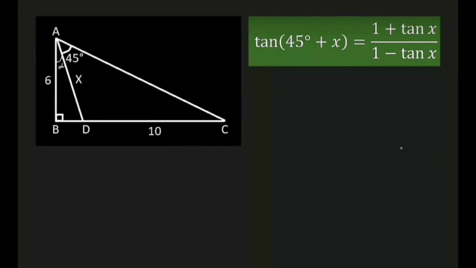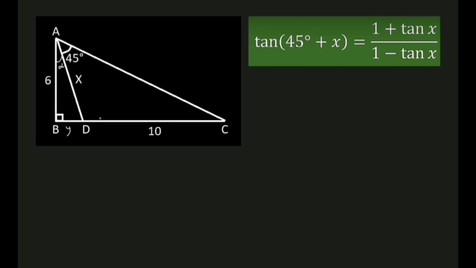And the last problem that we are going to solve is this. We are given the right triangle ABC, where we know that the angle CAD equals 45 degrees and DC equals 10. And we need to find the value of the distance between the points A and D. First of all, let's say that BD equals y.